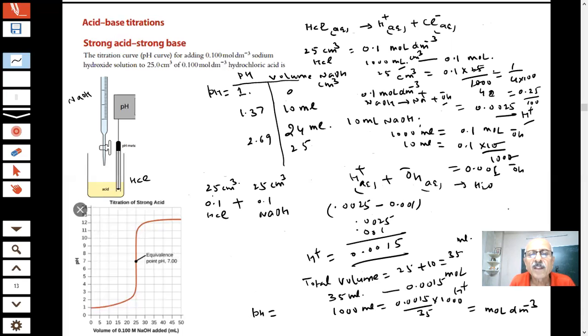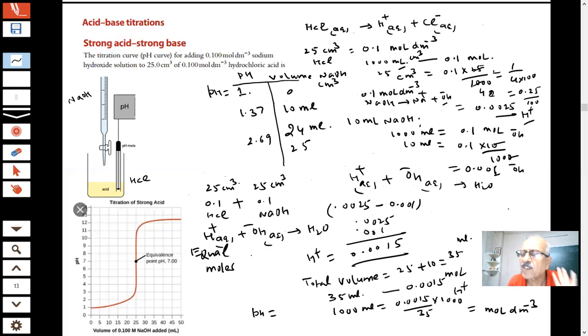You have equal moles of H plus and OH minus. Therefore, the result is H2O. Complete neutralization.